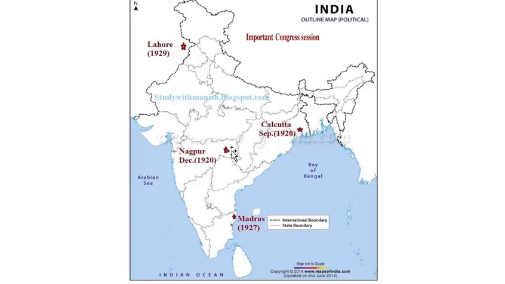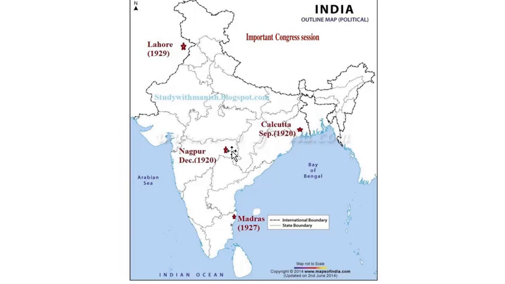So what could be the question so that you have to mark Nagpur and label Nagpur? Here the question would be, the Indian National Congress session was held in December 1920. This is one question. The other way the question can be asked is: in this National Congress session, the non-cooperation movement program was finally adopted.